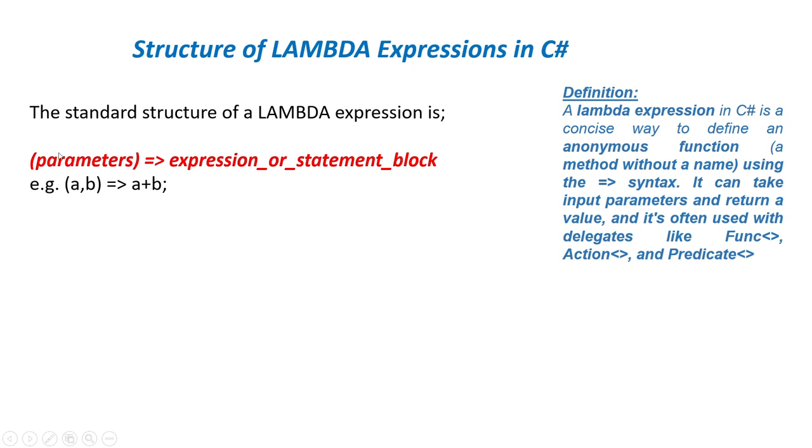When you have a set of parameters as shown in this example, A, B, and then the maps to symbol, and then an expression, as shown in this particular case, A plus B, then that is a Lambda expression.